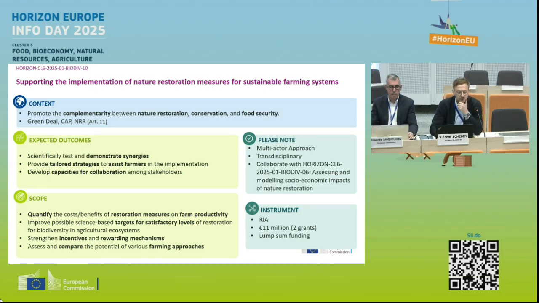In regards to the research activities, projects should focus on quantifying the short, midterm, long-term consequences and impact of these nature restoration measures in regards to the economic profitability and productivity in these farms, and also define satisfactory levels of agro-ecosystems. This will help, again, policy designers to reach for a clearer target.